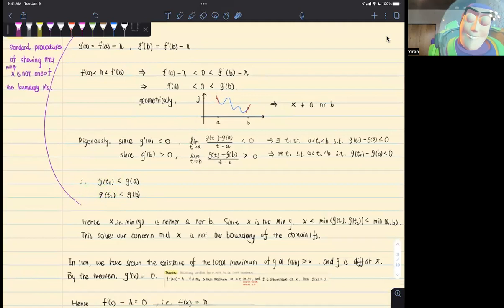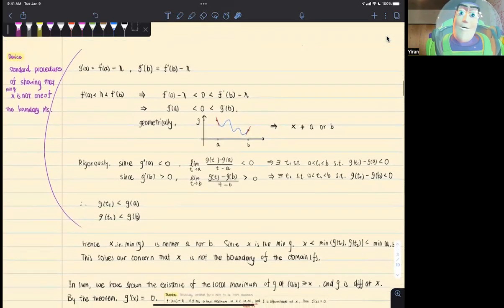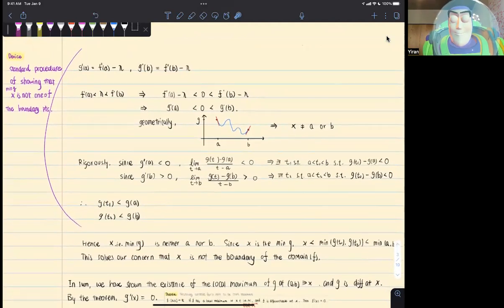Therefore, GX is strictly less than GA and strictly less than GB. Therefore X is not equal to A or B. Okay, so we will see this more in later proofs of other theorems. That's why I highlight here and did a little summary about this proof strategy.